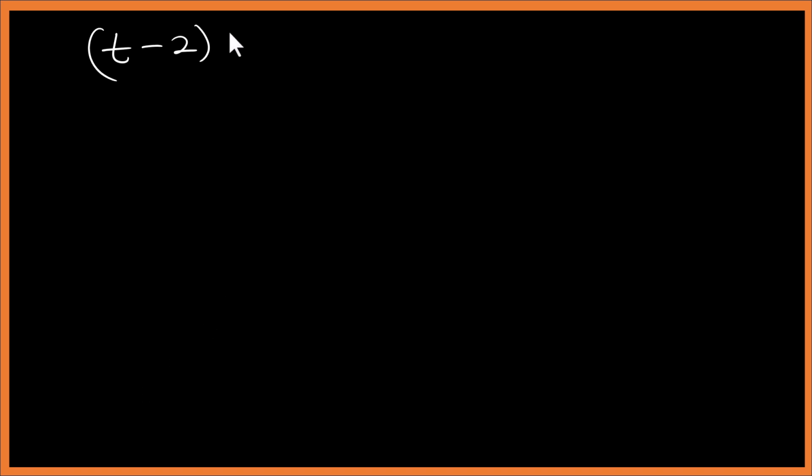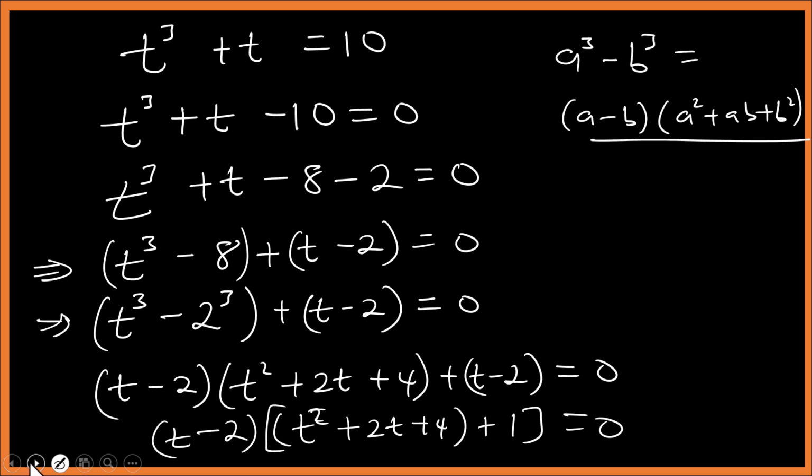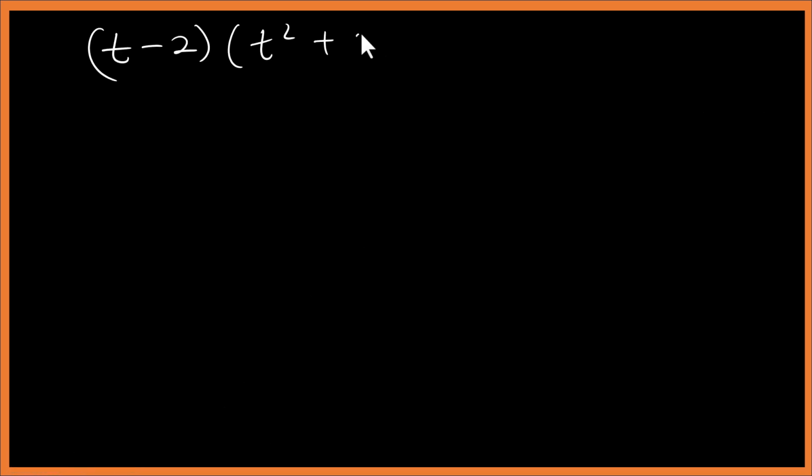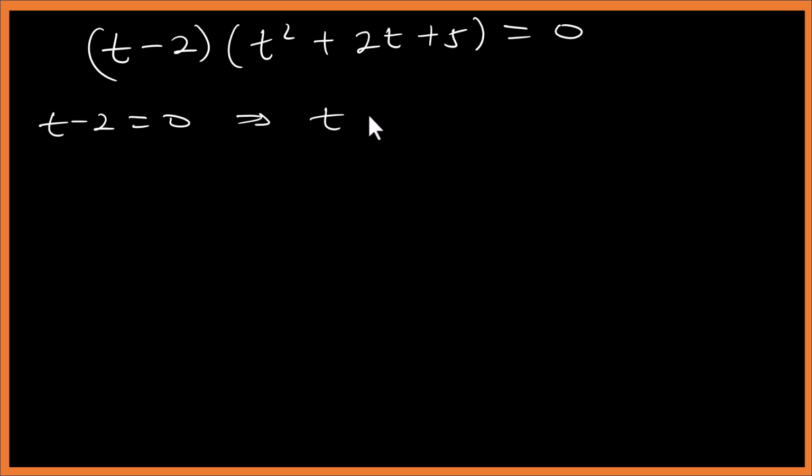So we have t squared plus 2t plus 5 equal to 0. Okay, so the first answer for this is t minus 2 equal to 0. Therefore, t equals 2. So that's the first answer.